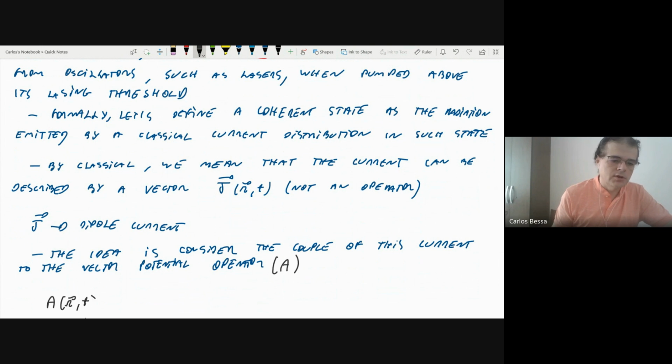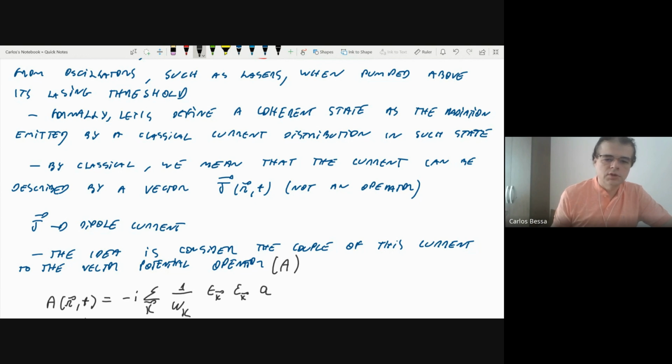of R and T, defined just as the sum over K, 1 over omega K, and the terms from the electric field. So E_K, epsilon, the quantized field, because this now is the operator.